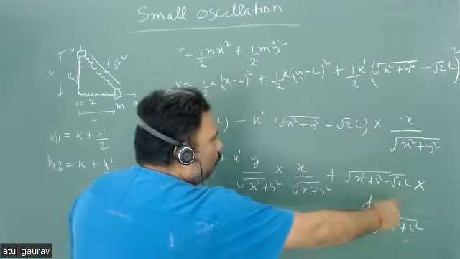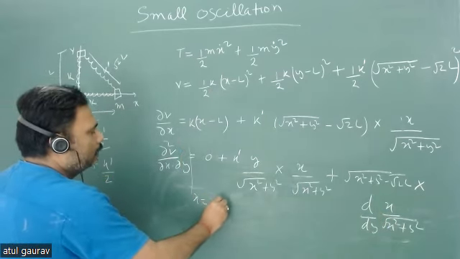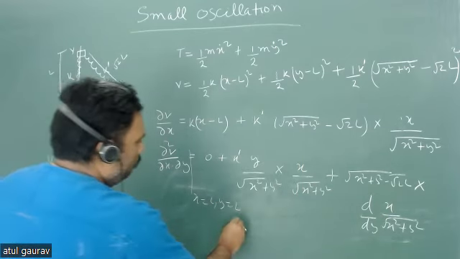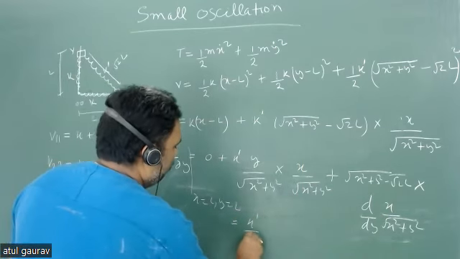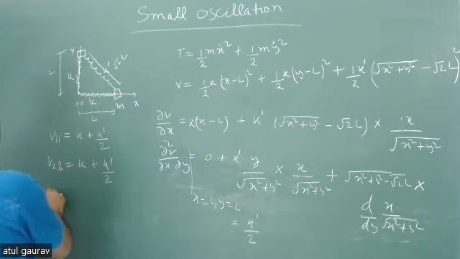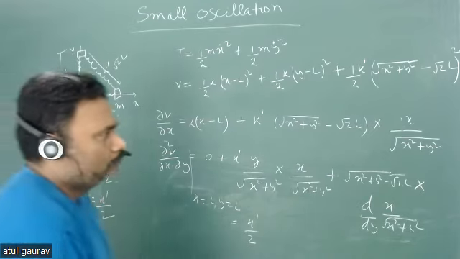So there is no need to do differentiation of this one. Why? Because we have to go for x is equal to L and y is equal to L. And when you are going to do this thing, you will find k dash by 2. You will just put it and you will get this one. So V12 is equal to V21, and that value is k dash by 2.